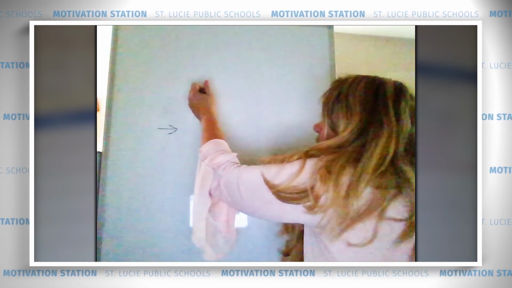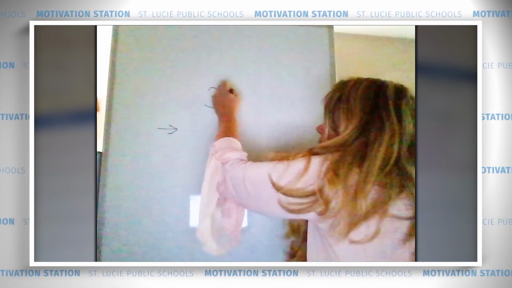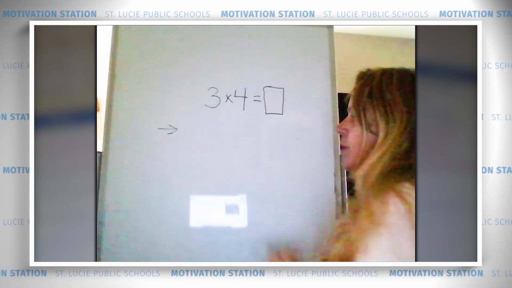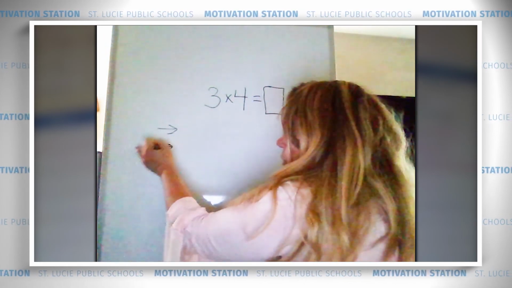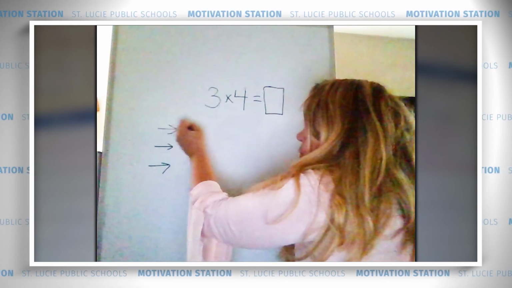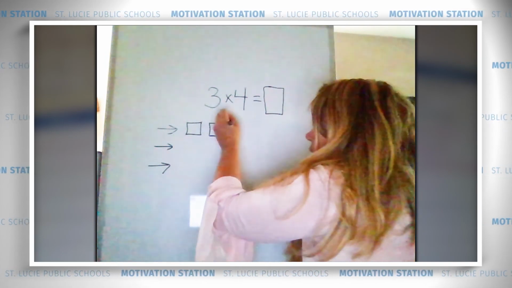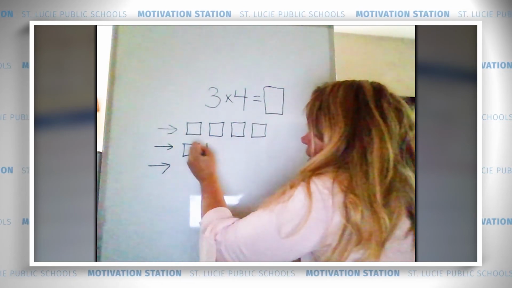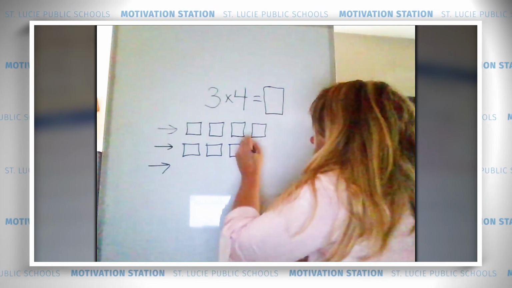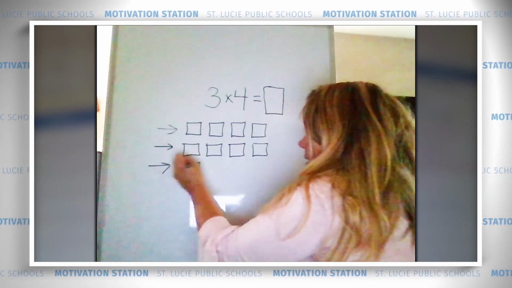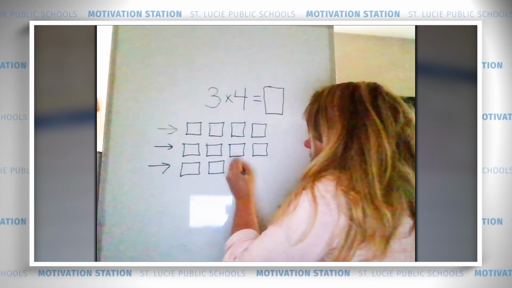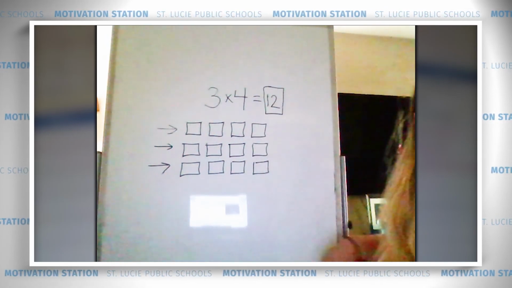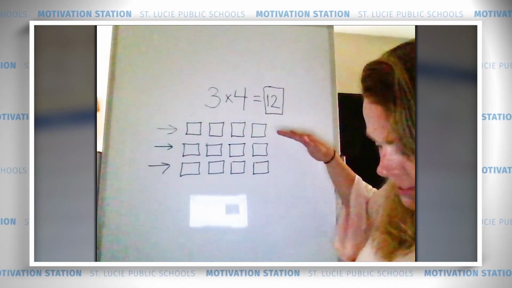So if I have, let's say, 3 times 4 as my factors, I don't know my product, I need 3 rows going across, and I'm going to put 4 tiles in each row. It's 4, 5, 6, 7, 8, 9, 10, 11, 12. So I'd get a product of 12 there, equal rows, rows going across.